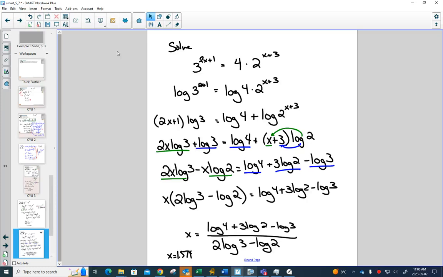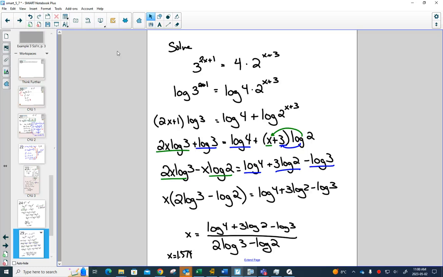Just have to get good at following those rules, taking the log of both sides, knowing your log laws to expand completely, getting your x's on one side, numbers on the other side. If you have more than one x, you have to factor. Then you get x by itself. It's an ugly looking number, but you can type it into your calculator and get the solution.